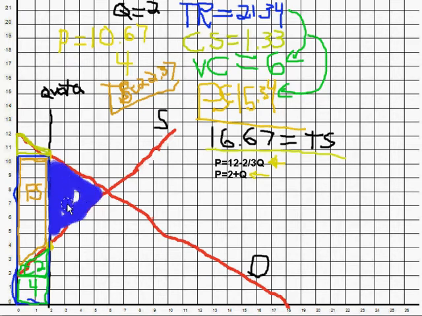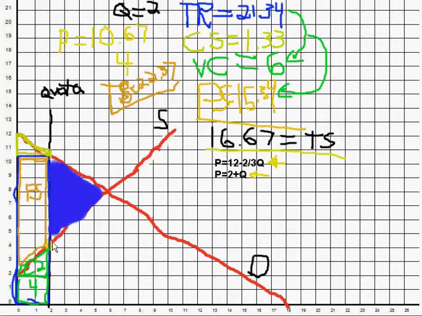Now there are a couple of ways you can calculate the deadweight loss, and we're going to do them both ways. It's good to be able to double check your answer here. The first way is we can just calculate the area of this blue triangle. Now this blue triangle, if you keep in mind that the total revenue, or the price up here that we use for total revenue, that's the top of that triangle, is at that price, which is $10.67.